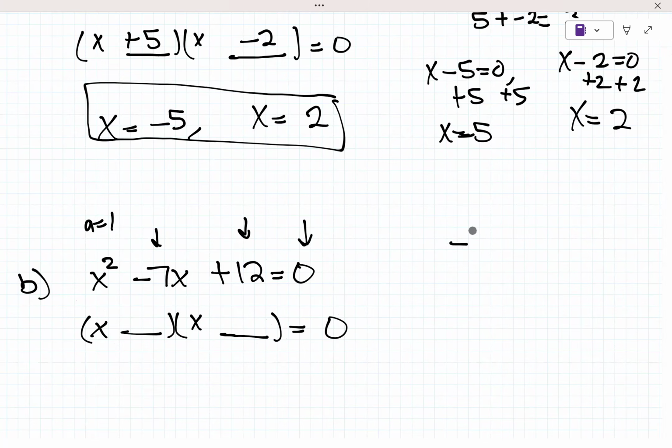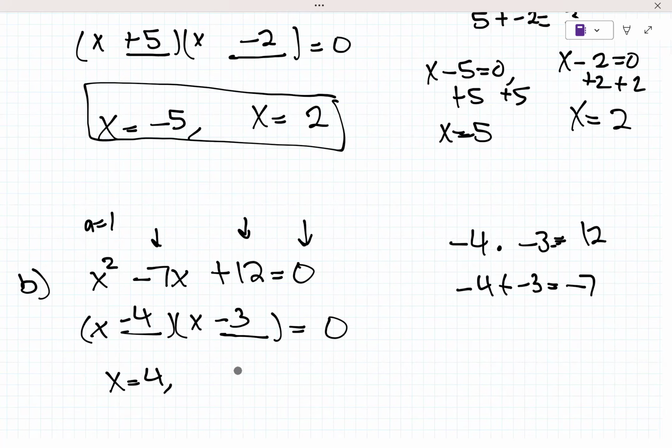Yes, it would be -4 and -3, right? -4 times -3 is +12, and -4 plus -3 is -7. So when I solve for it, I get 4 and 3.